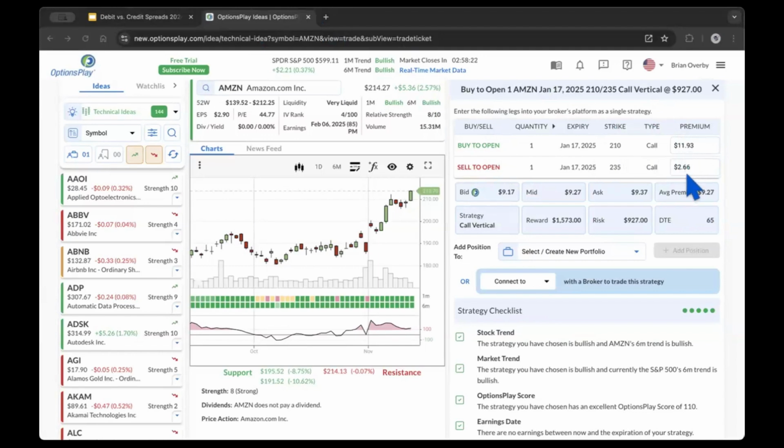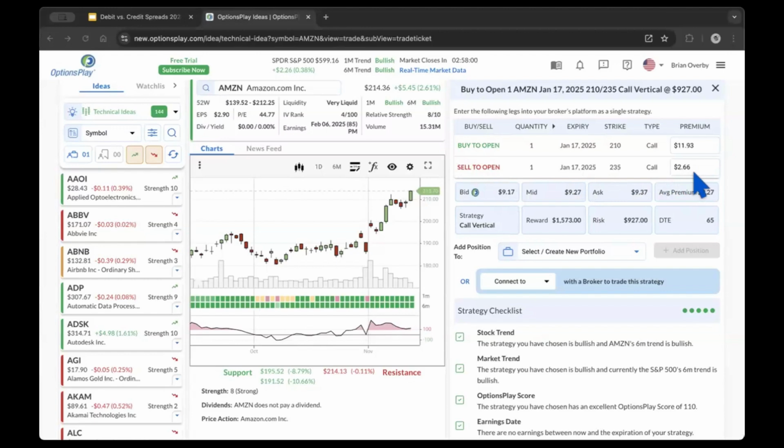These are real markets. And we are selling this one way out of the money and receiving $2.66. This needs to go away to make the maximum, right? So you want the market to come up to the strike, the 235, but also, if we're going to close the position, we're going to be buying that back.